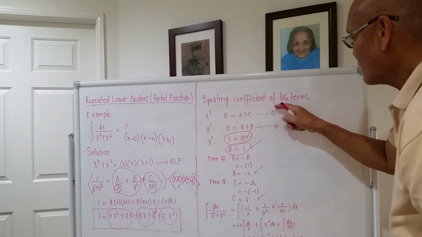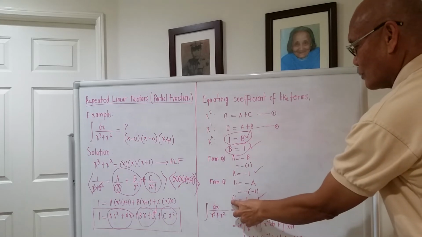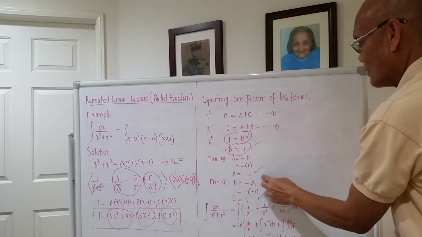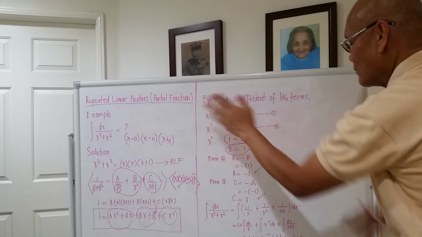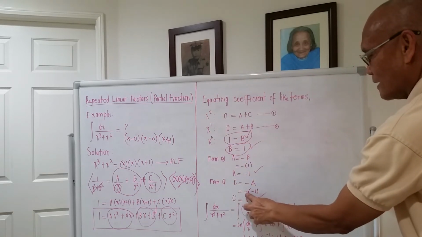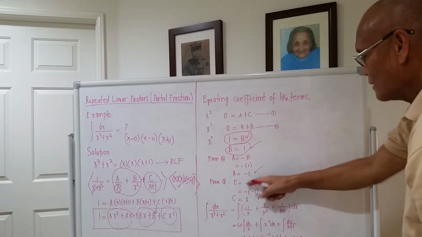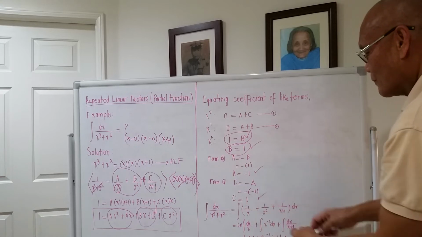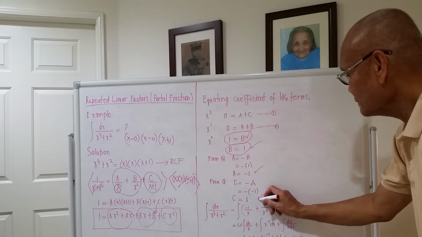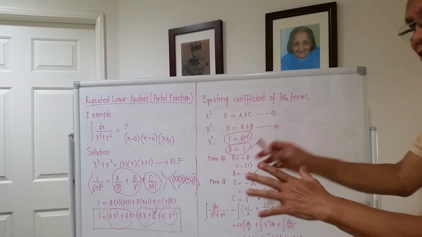From equation number 1, compute for the value of C. C is equal to negative A; we transpose A to the left and rearrange. Therefore, C is equal to negative the quantity negative 1, and negative negative is 1. Therefore, C is equal to 1. Okay, so we now know the values of A, B, and C.